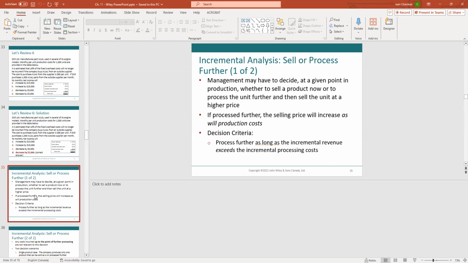For example, imagine we're selling milk at $4 per liter. I can still sell it at $4 as milk, or I can convert it to cheese.